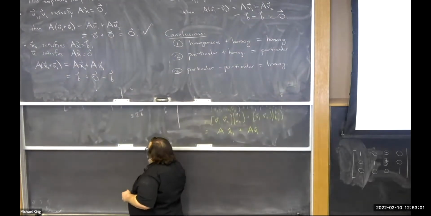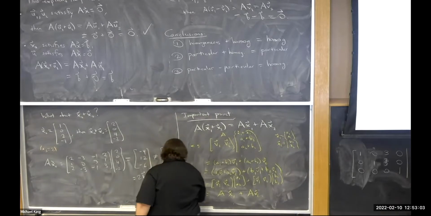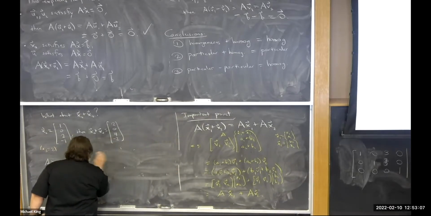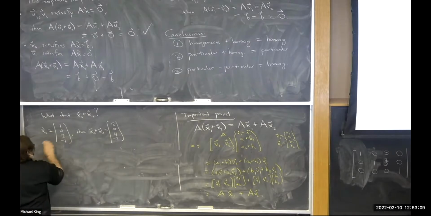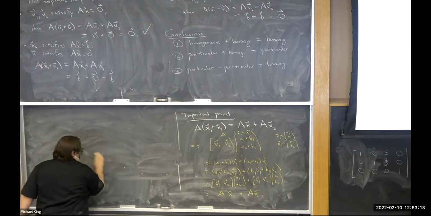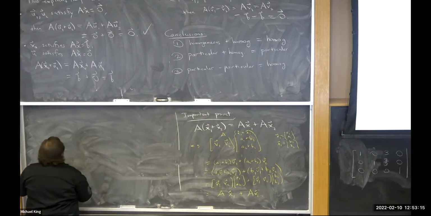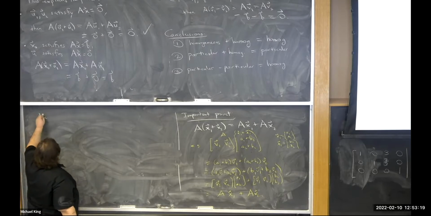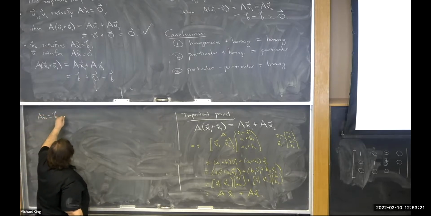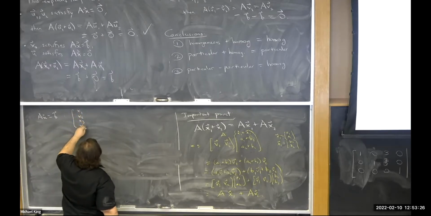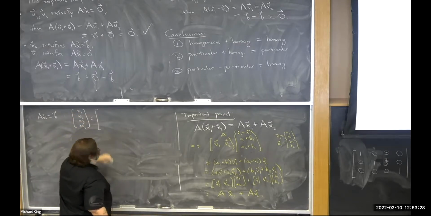So I erased it already, but when we wrote this, AX equals B, what was the solution that we had? Someone remind me of what I wrote down.